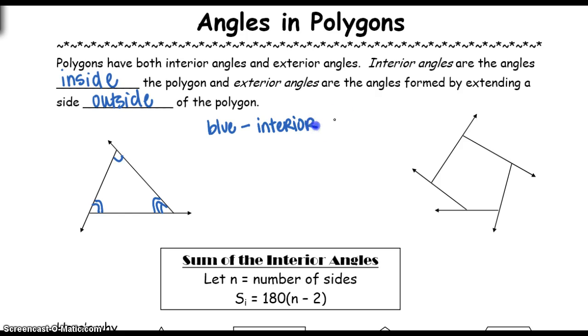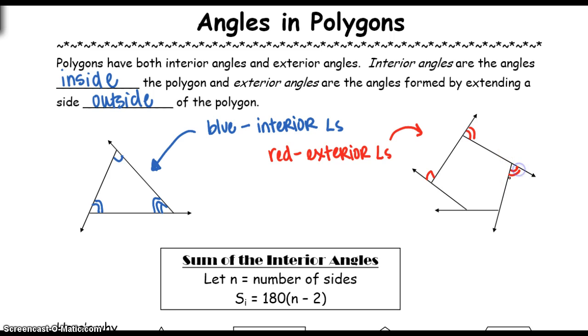I'll just leave this figure with interior angles only. And then over here, we'll use red, and those are going to be your exterior angles, okay? So if you're not using color, just make your left figure your interior angles, make your right figure your exterior angles. So here's one, here's one.